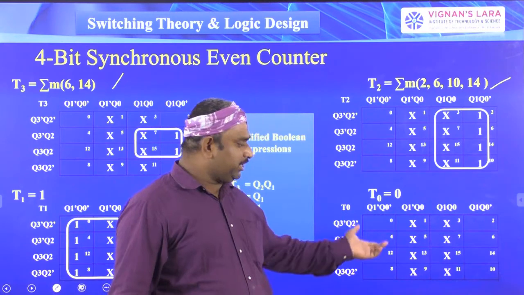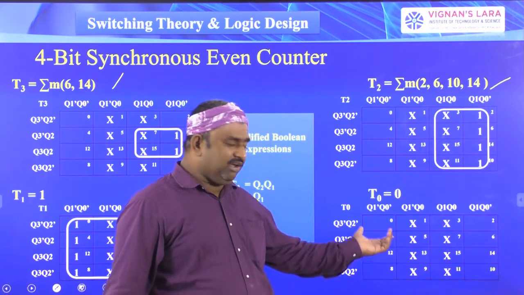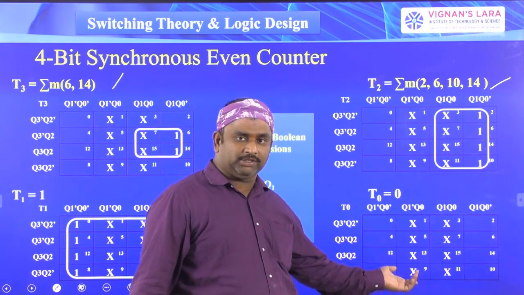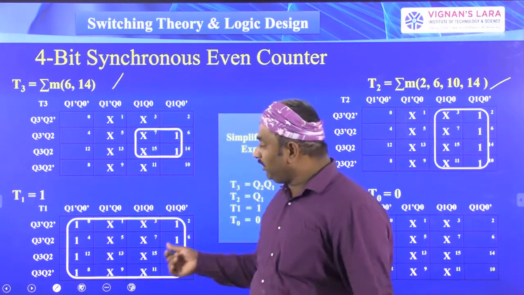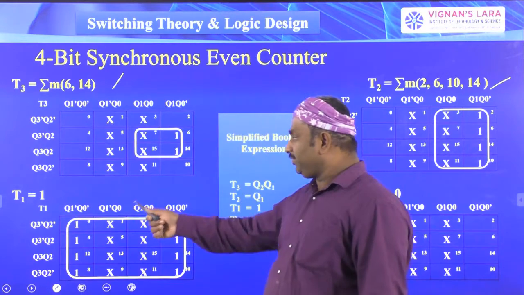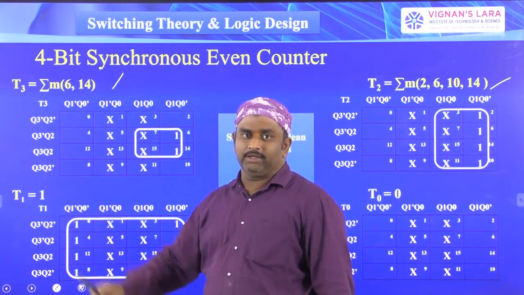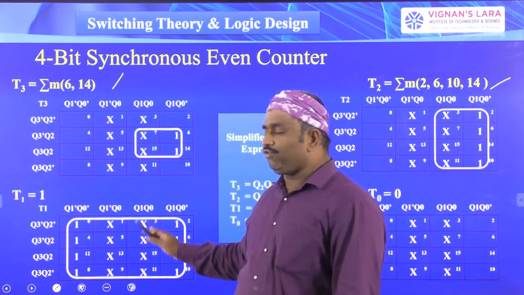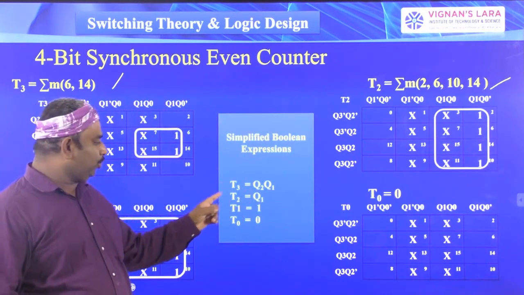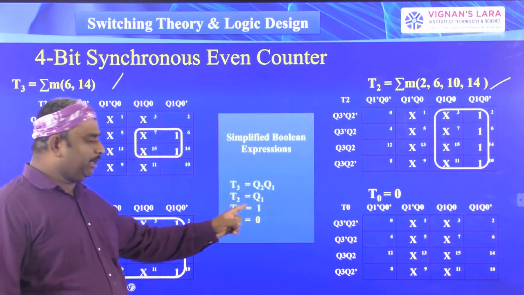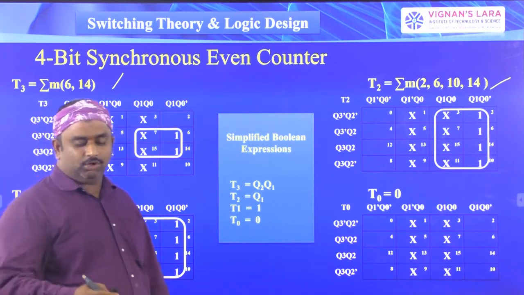So there is no necessity of making groups. If there is no possibility to make a group, then the output function is equal to 0. If all the elements are covered in the K-map, then the output is equal to 1. In this way, you have to find T3, T2, T1, T0. So T3 is equal to Q2 Q1, T2 is equal to Q1, T1 is equal to 1 and T0 is equal to 0.